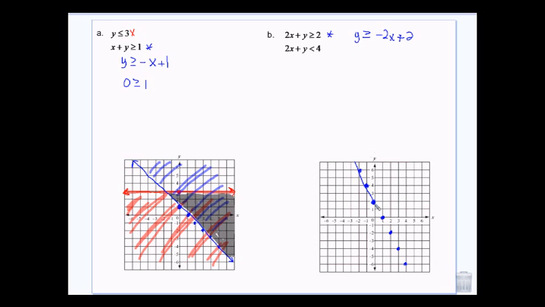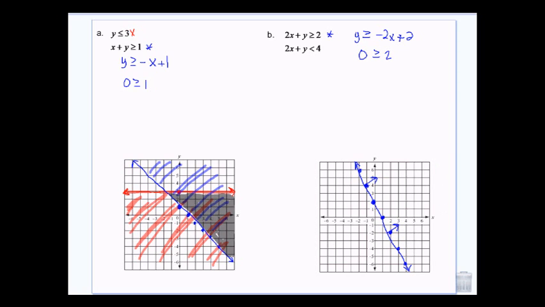It's got an equal to, so I can draw a solid line. If I plug in 0, 0, I get 0 is greater than or equal to 2, which is false. So I'm going to shade this way. And I can just put a couple arrows just so I know which way I would have shaded.